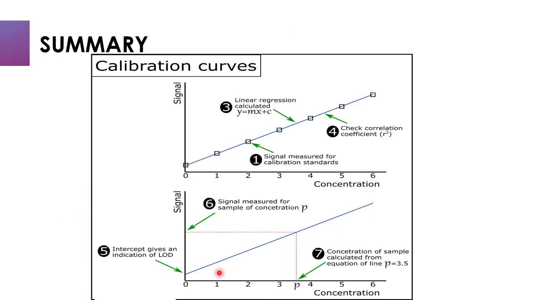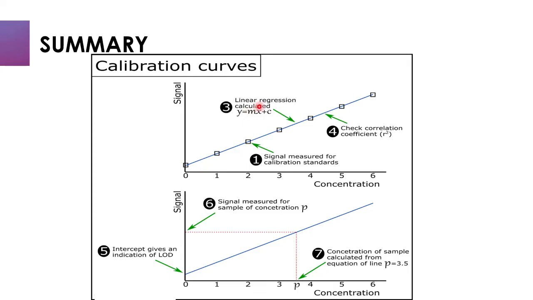So this is a summary of the calibration curve over here. This is our signal or the absorbance on the y-axis, and this is the concentration on the S-axis. If we look at the nature of the calibration curve, we have our signal measured for the calibration curve.